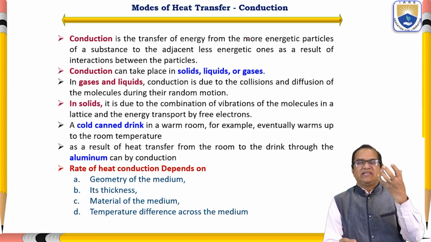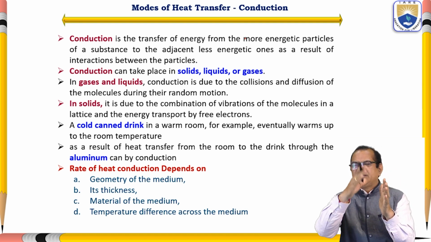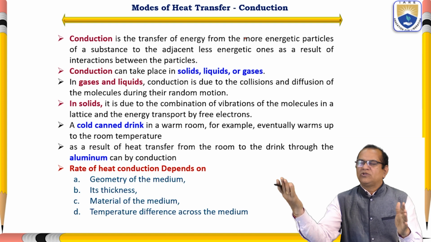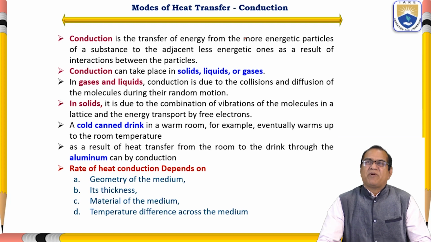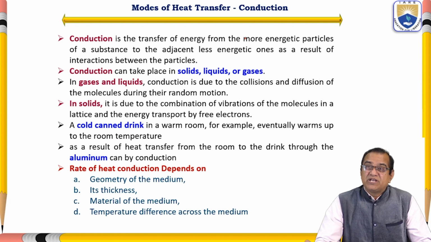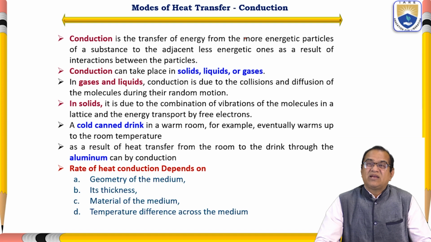Conduction mostly happens in solid slabs. If you heat the solid slab, the heat will move from the high temperature end to the low temperature end. So conduction is the transfer of energy from the more energetic particles, meaning higher temperature particles, of a substance to the adjacent less energetic ones as a result of interaction between the particles.